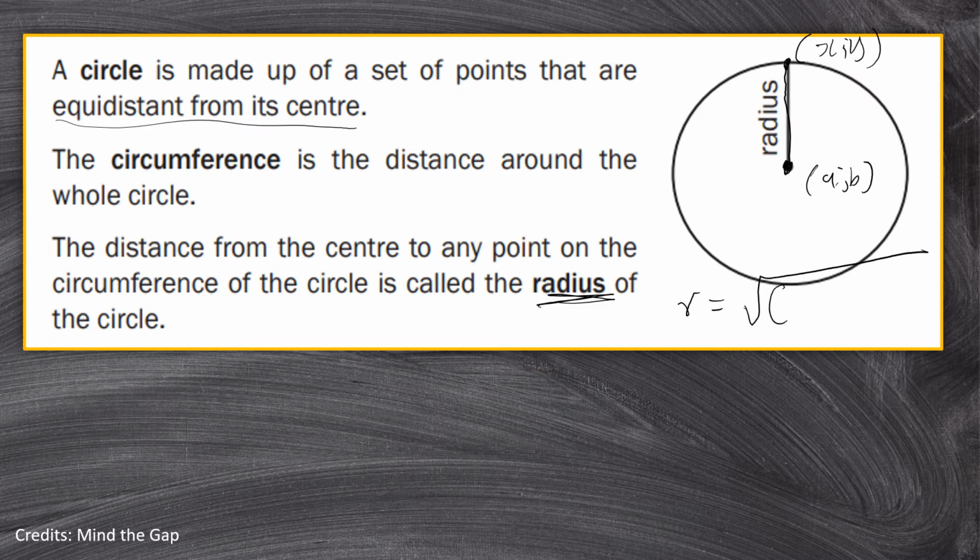Square root of (x minus a) squared plus (y minus b) squared. And we can use that distance formula to get the length of the radius, or rather the distance from the center to the circumference.